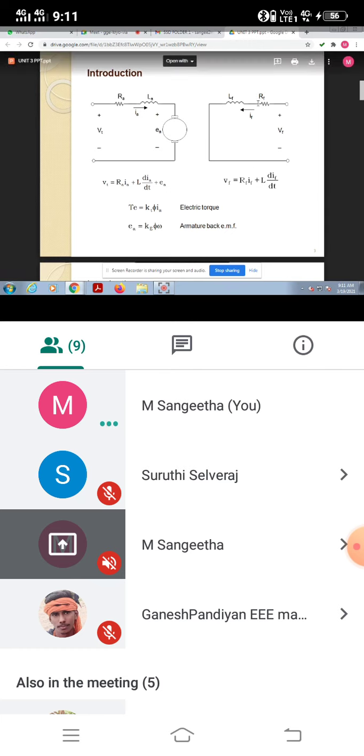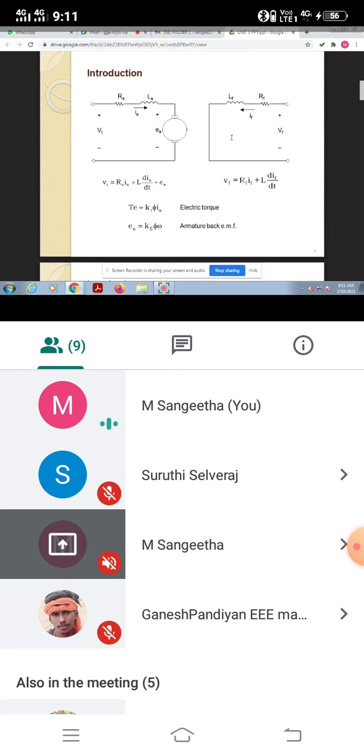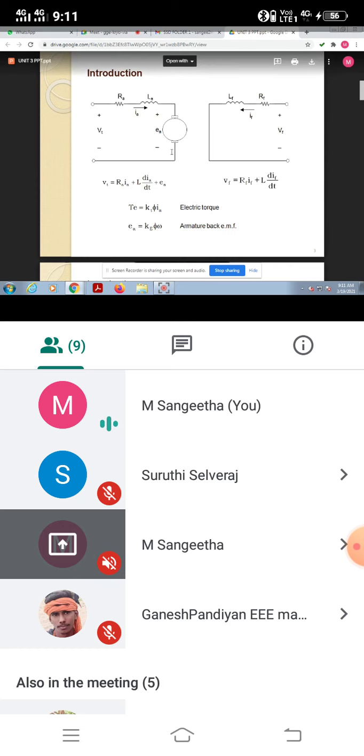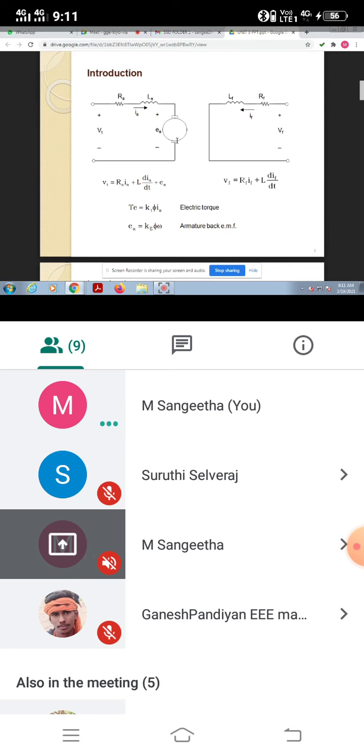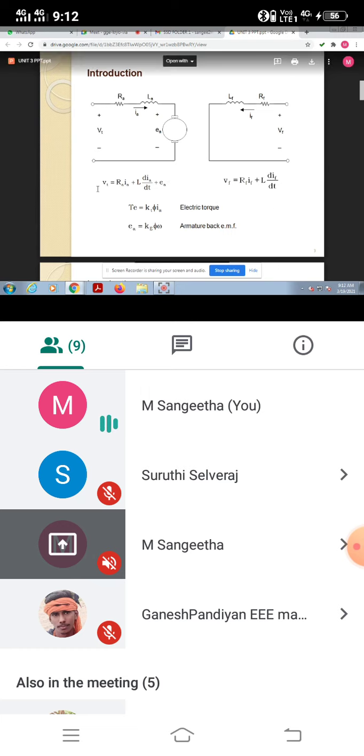This circuit doesn't have a motor, so it shows only a resistor and an inductor. But the main armature circuit has the motor, so it produces a back EMF. This is the difference between the armature voltage and the field voltage.